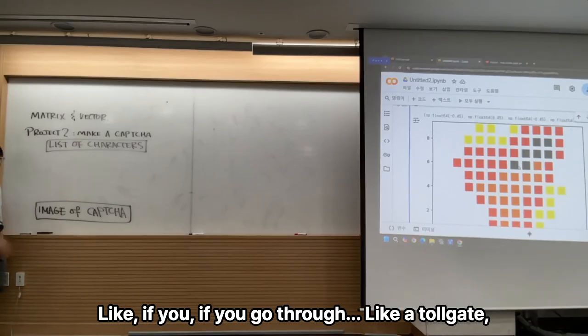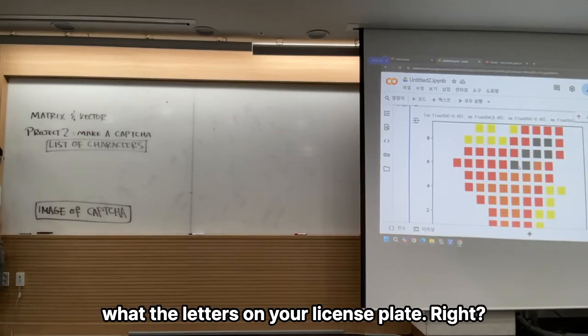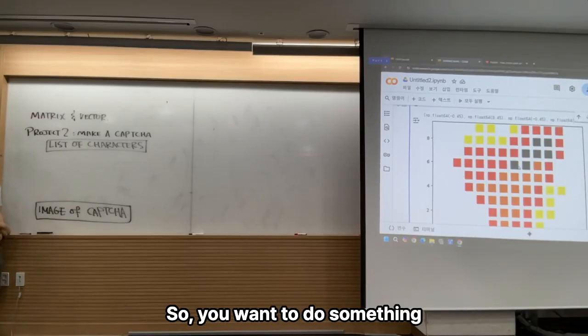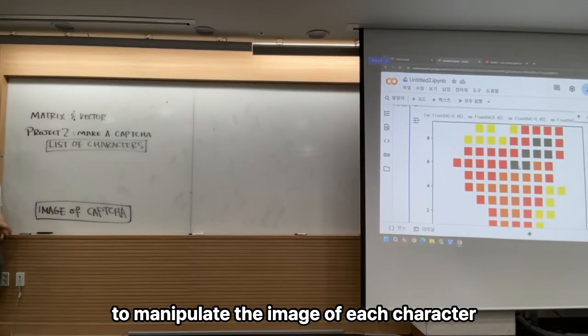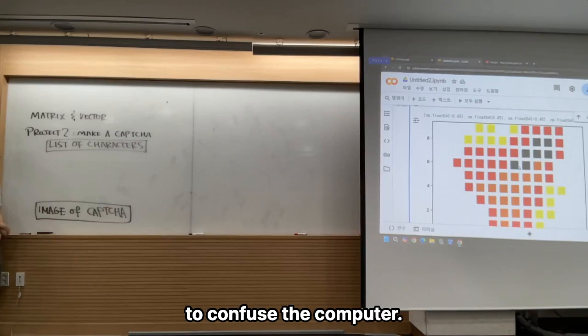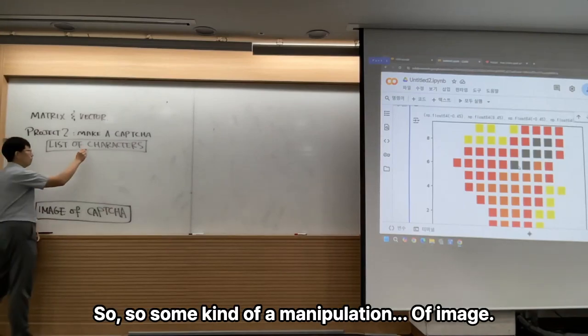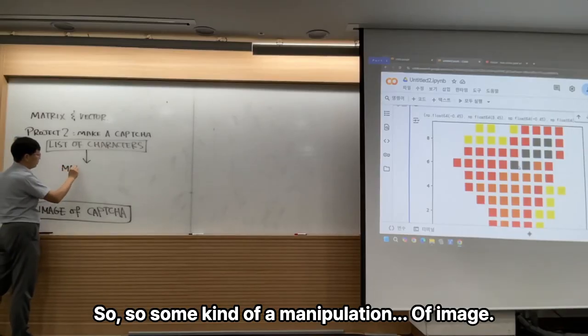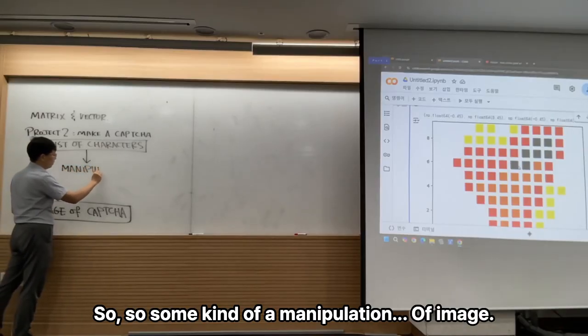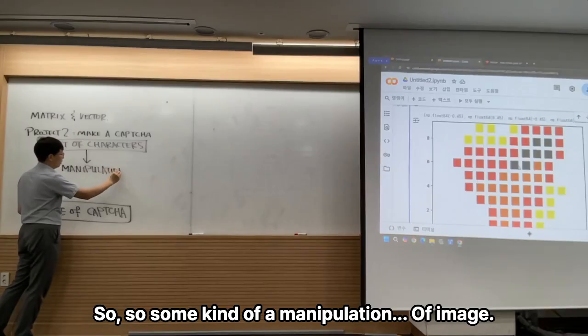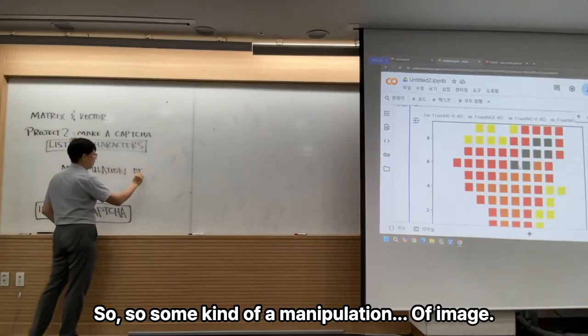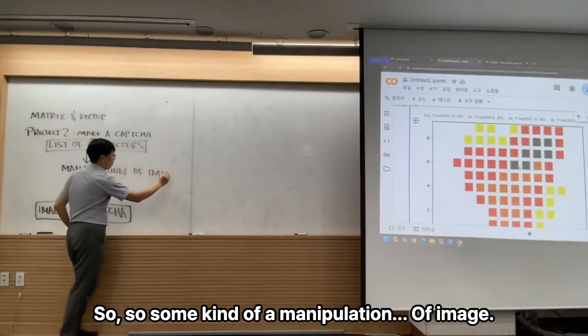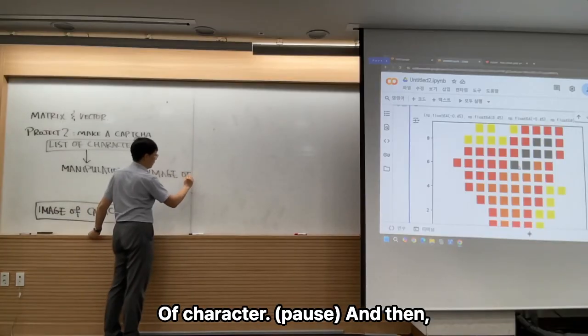Like if you go through a toll gate, they can automatically distinguish the letters on your license plate, right? So you want to do some kind of manipulation of the image of each character to confuse the computer.